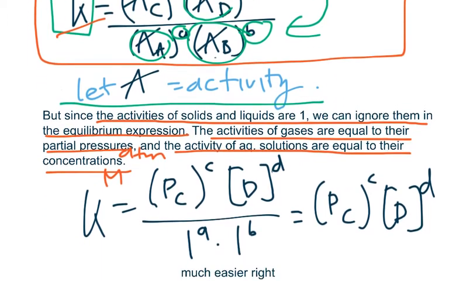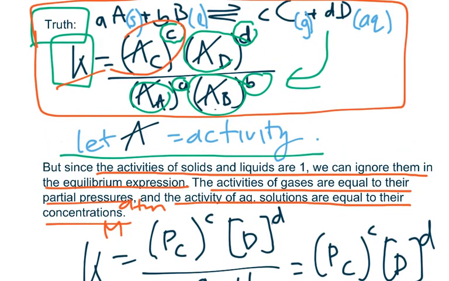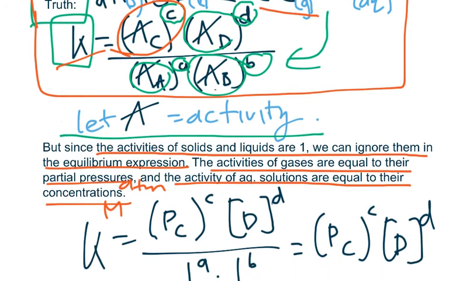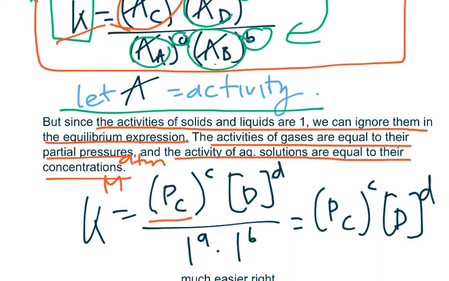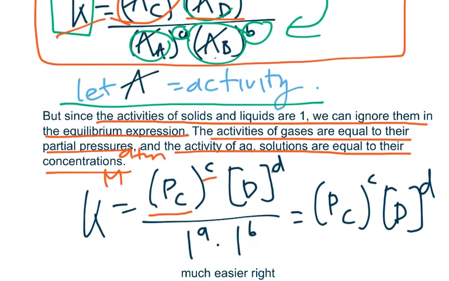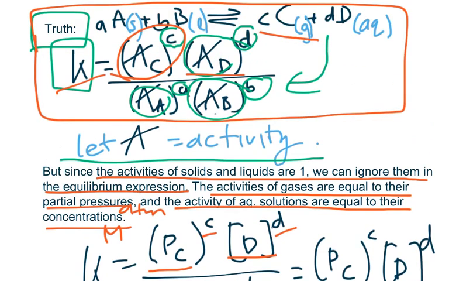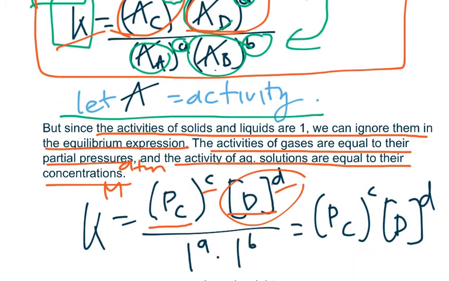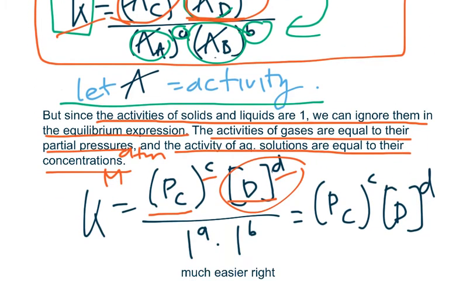So, essentially, you can turn the activity of C, which is a gas, into the partial pressure of C to the C, and you can multiply that by the activity of D to the D, which is actually the concentration of D to the D, since these two are numerically the same, since activity is equal to concentration in molarity.